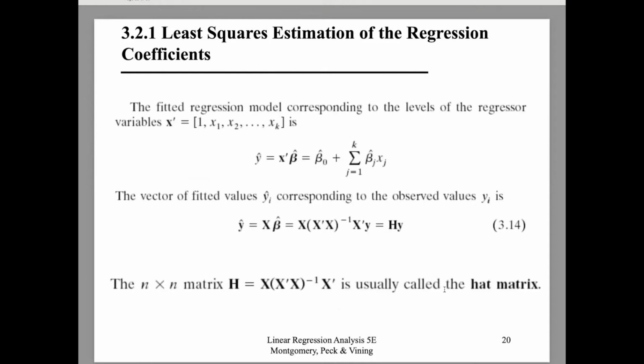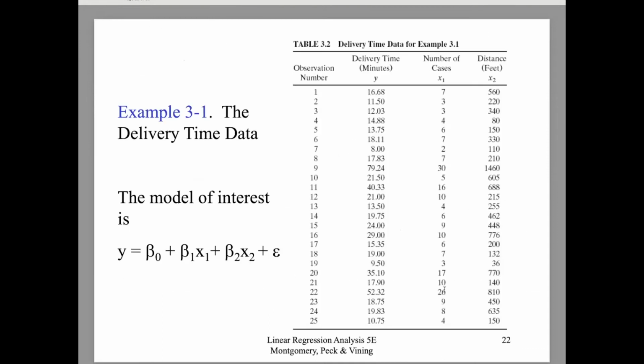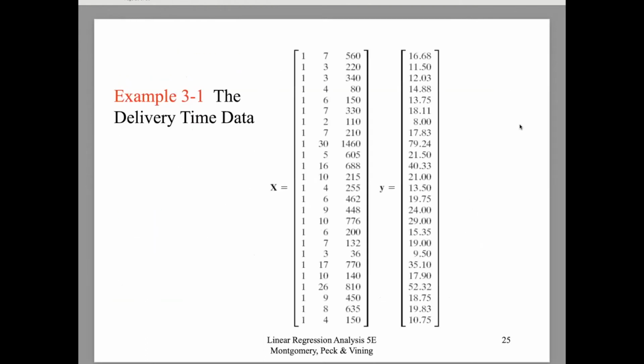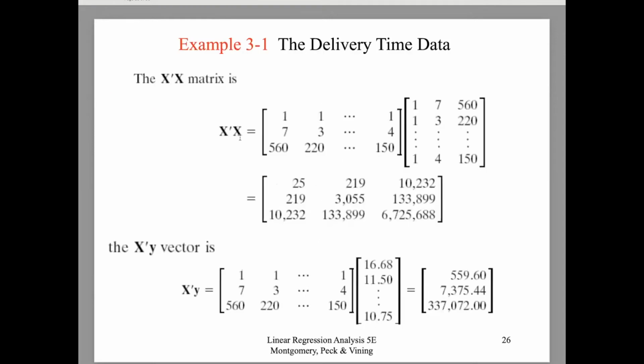Let's take a look at that in the context of this example. What we've got here is the original data, and I'm going to express that in matrix notation. This would be the vector of responses for the 25 observations. This would be the X matrix, the design matrix. Then, using the formulation given in the notes and the textbook, we would calculate X prime X, and we would get this matrix here.